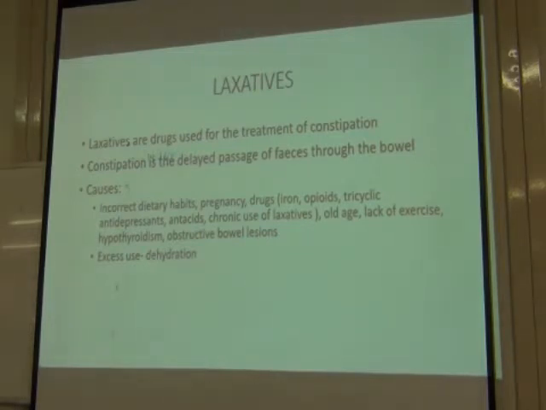Alright, so laxatives are the drugs that are used for constipation. People say they feel the feces is there, but it's not going through the right place, it's hitting the wall, and some even take spoons to help it get out. It is there, but it's not coming out through the anus, where it's supposed to go out.